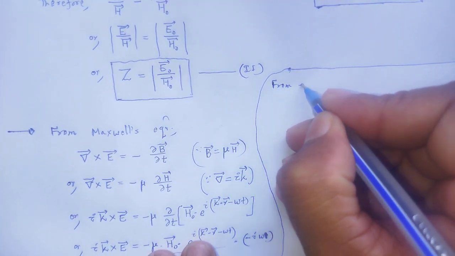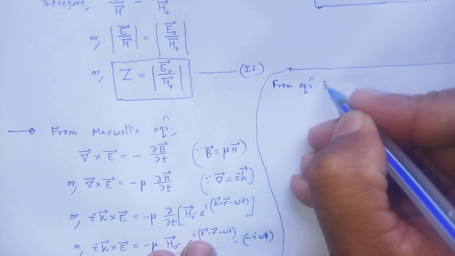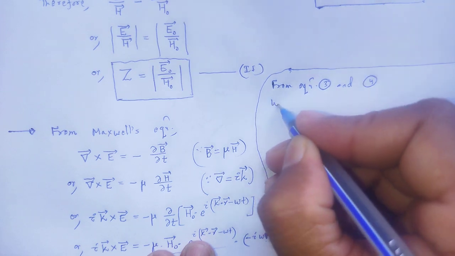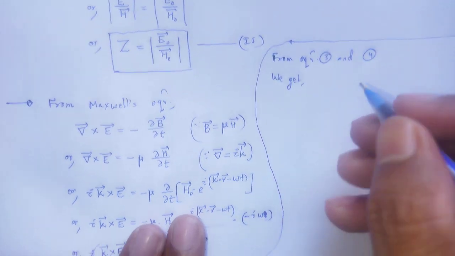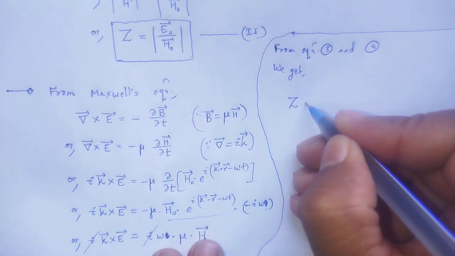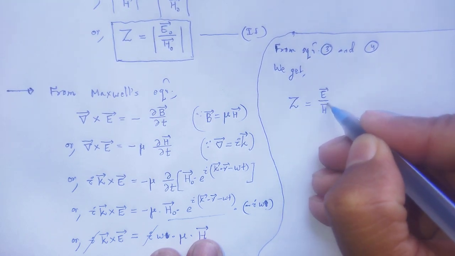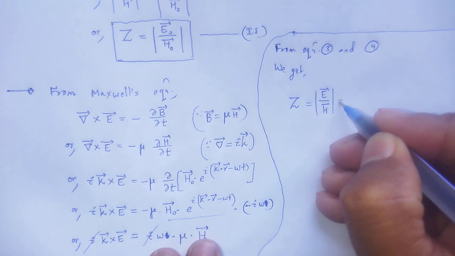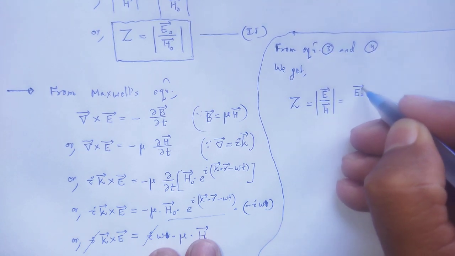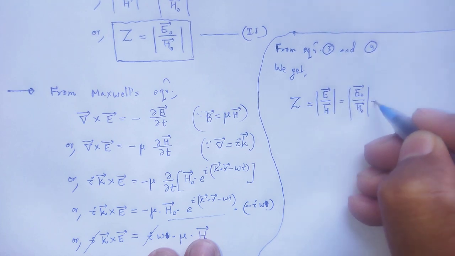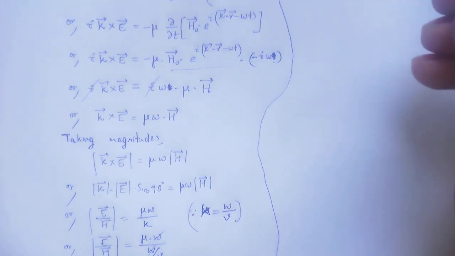From equation number 3 and equation number 4, we get the wave impedance Z is equal to E vector by H vector magnitude, which is equal to E naught divided by H naught magnitude, that is equal to mu V.